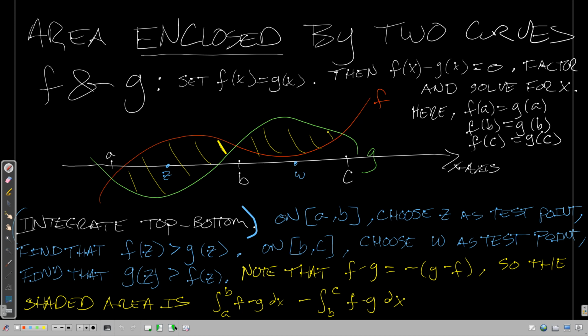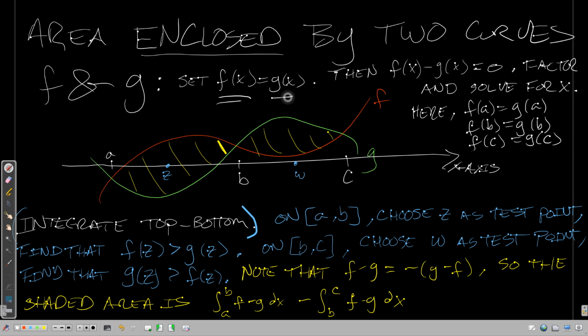If the area is enclosed by two curves, then you need to follow all these steps. You would have to put the two curves equal to each other. This literally says you want to know which values of x give the same y value.